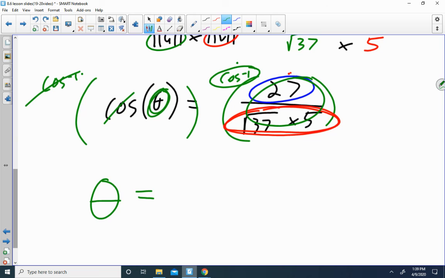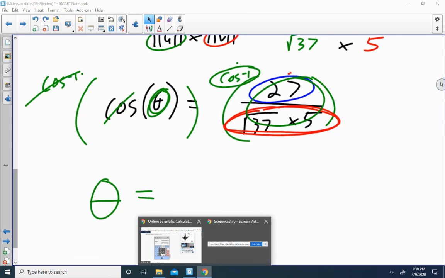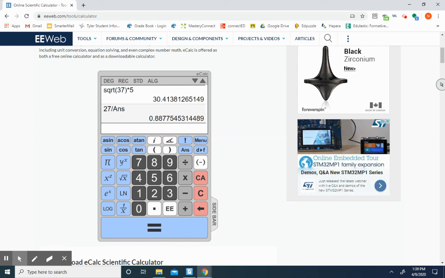Now I just have to take the cosine inverse of that answer. So cosine inverse, or arc cosine, same thing as the inverse. So cosine inverse is the previous answer, close parentheses. Make sure that your calculator is in degrees, and then press enter. Now it looks a little weird, but ignore this part. That's just the really, really long decimal behind it.